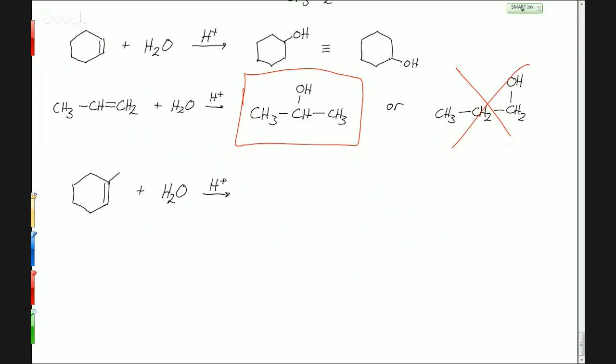So what do you think? Does the OH go to the top carbon on that double bond or the bottom carbon? It goes to the top, right? Following that same rule as before. All right.